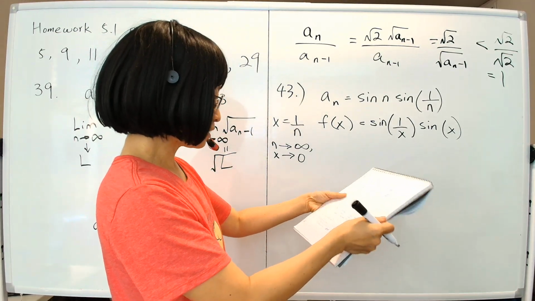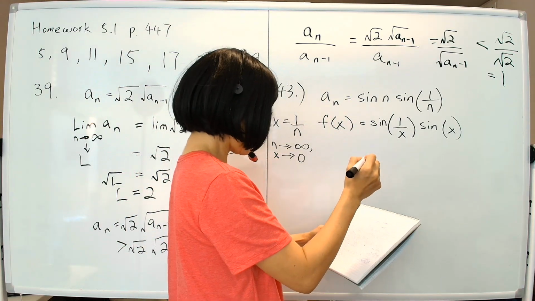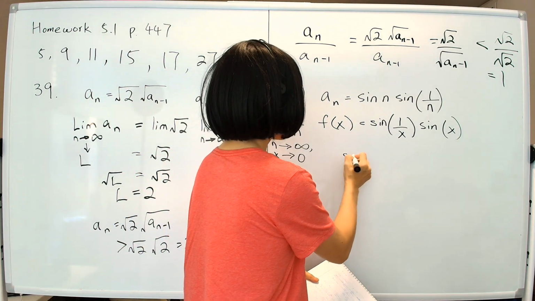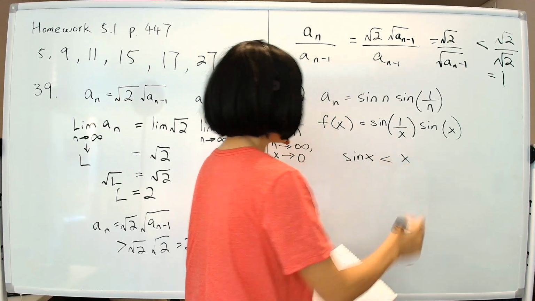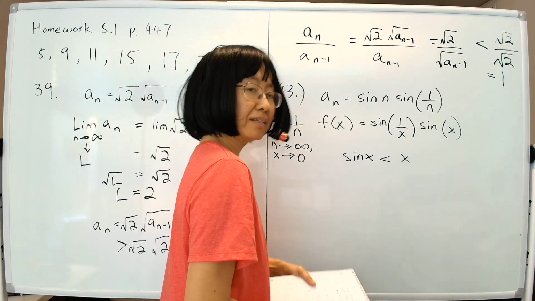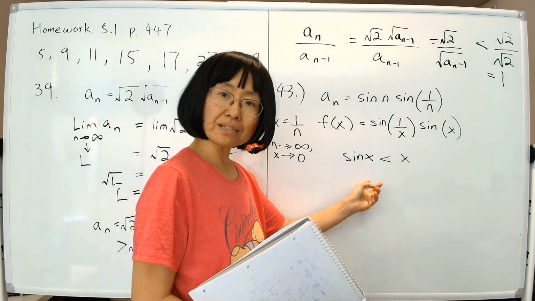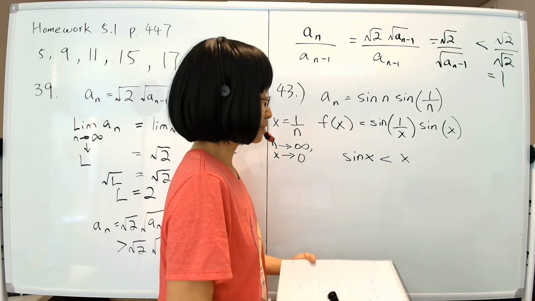Now, to do that, first we are going to establish this fact: the sine of x is going to be less than x if x is bigger than 0. How do I know that? This statement is proved in Calculus 1, in the first chapter.